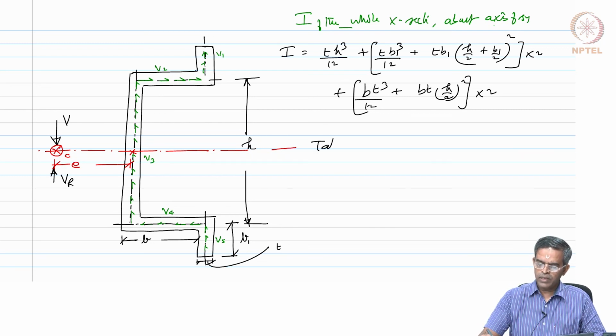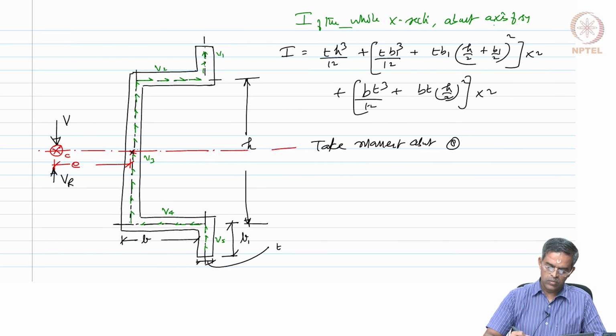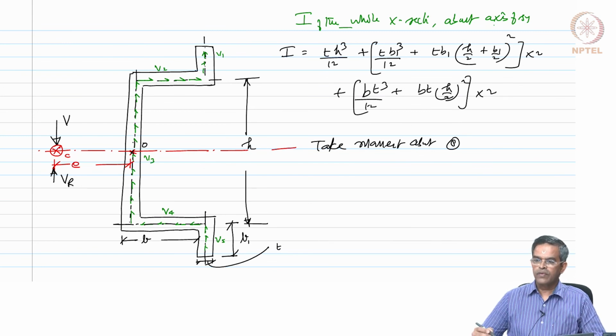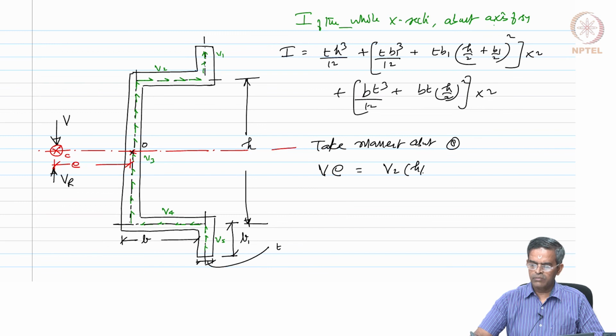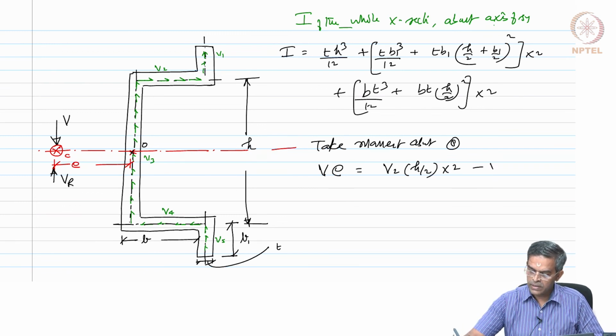Now, let us take moment about O. So, we know V into E is going to be equal to V2 into H by 2 into 2 minus V1 into B into 2.